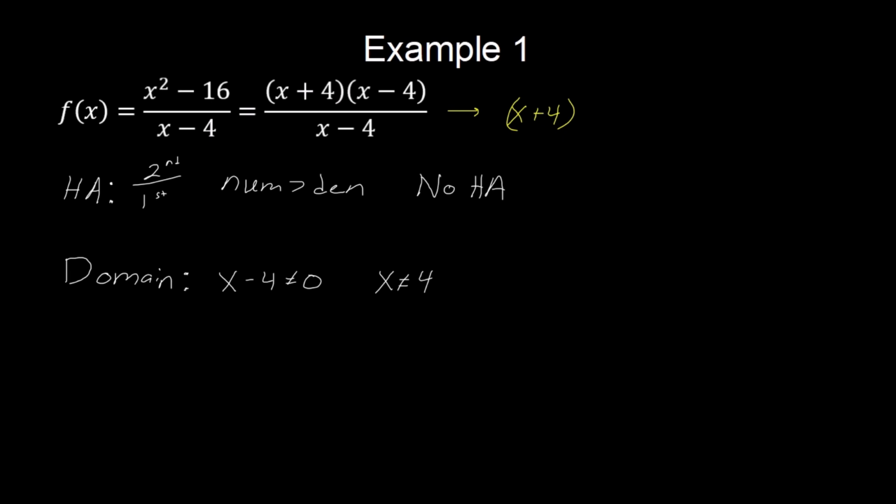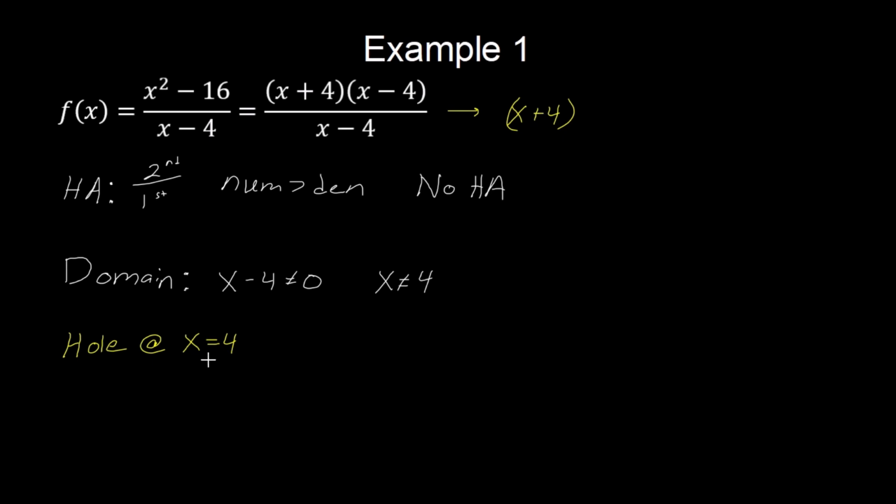So that's the key to where holes come in. You'll notice that in the simplified version, once I factor it out and cancel, I have canceled out my domain restriction. Now the domain of this function is all real numbers, which tells me that I have a hole at this domain restriction. I have a hole at x equals 4.